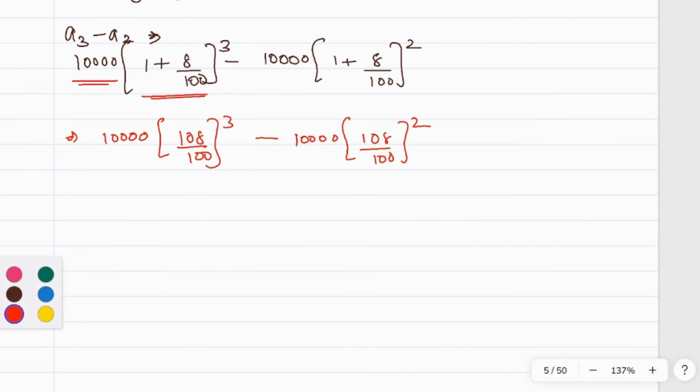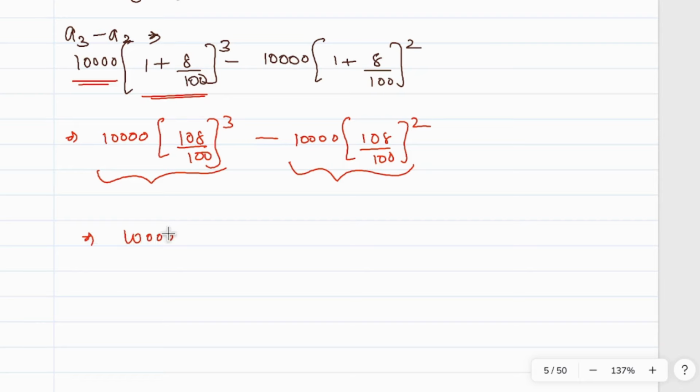Now you can see that 10,000 into (108 by 100) raised to 2 is common in both the terms, so I can take that part outside, right? So I am going to take 10,000 into (108 divided by 100), the whole square.